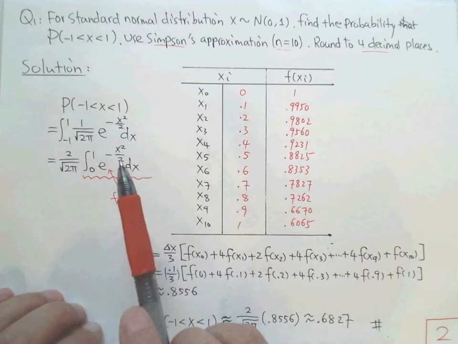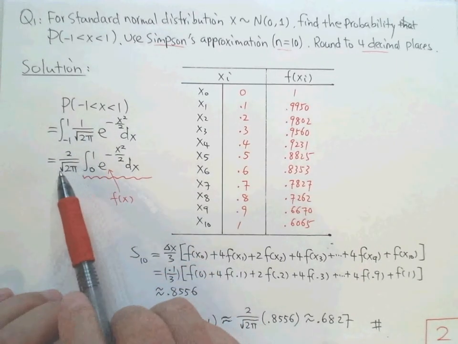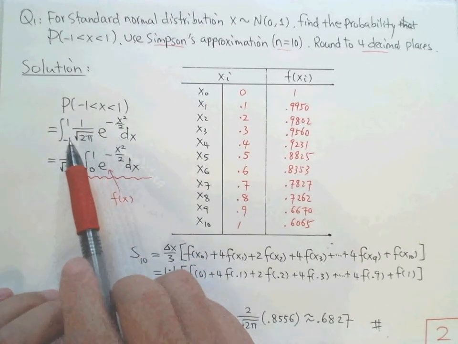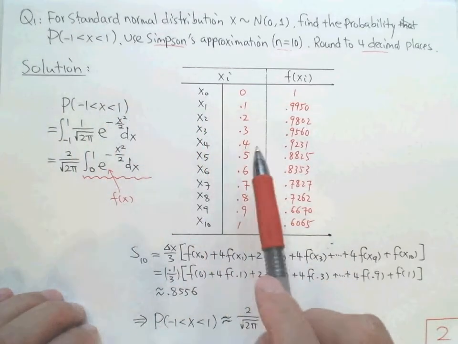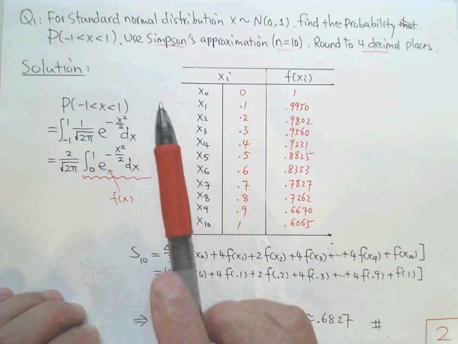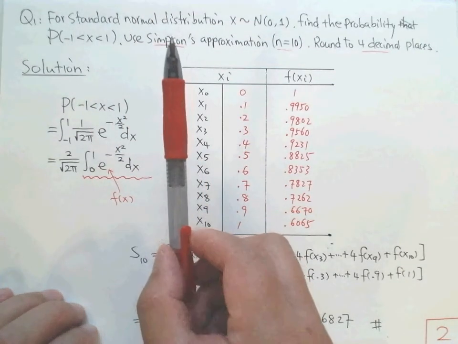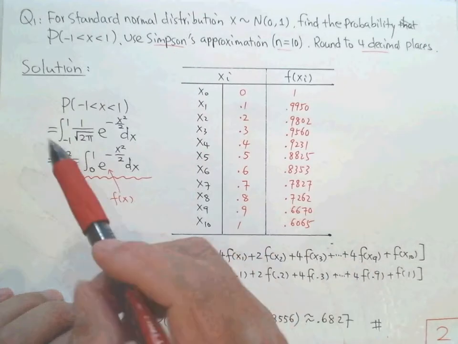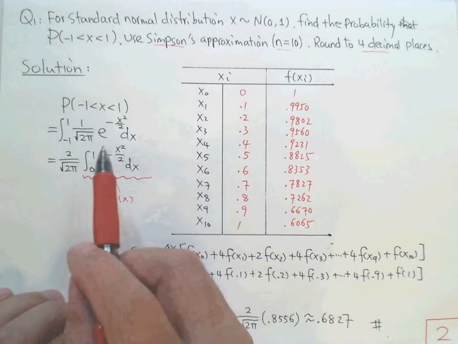Then look at this coefficient, we can factor it out. This is a symmetry, do you remember? From -1 to 1, the function is exactly symmetrical about the middle, which means x equals 0. This interval is from -1 to 1 and this time the function is even.